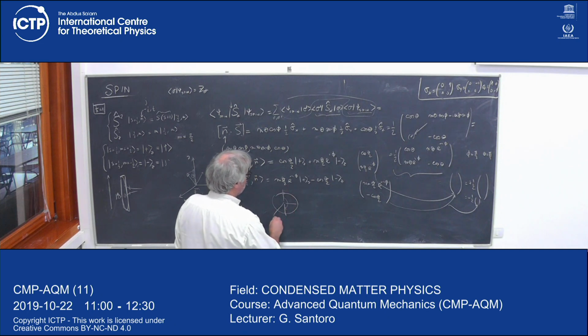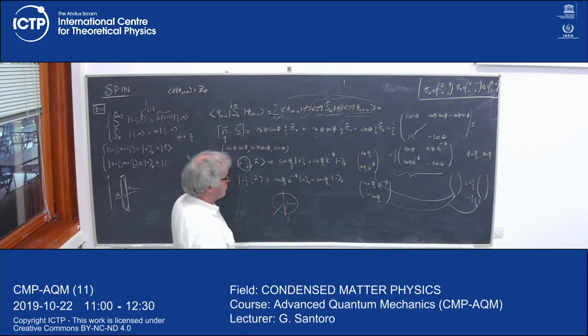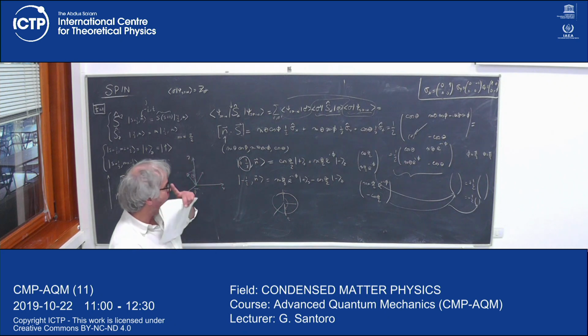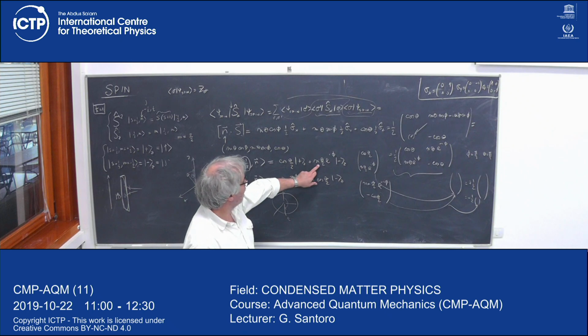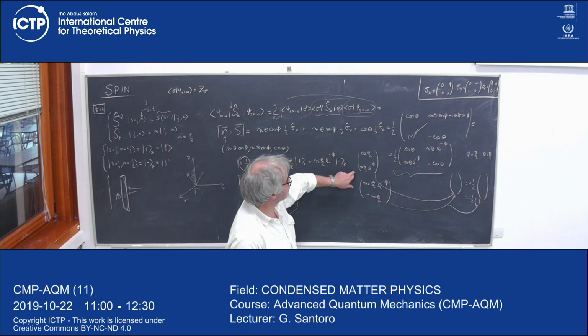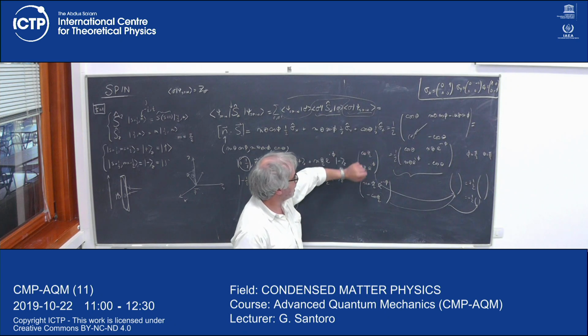Theta is equal to pi. Now, when theta is equal to pi, let's look at this expression. The cosine of pi over 2 is 0. The sine is 1. And the function is e to the I phi.